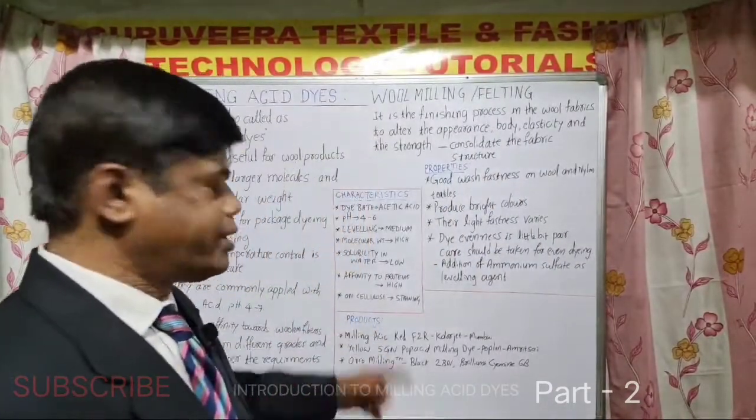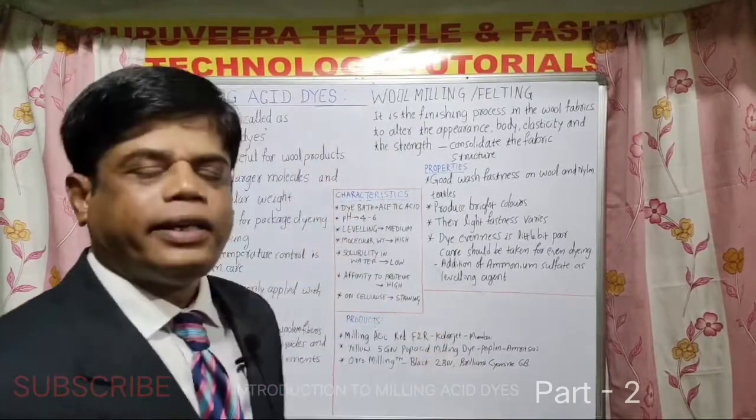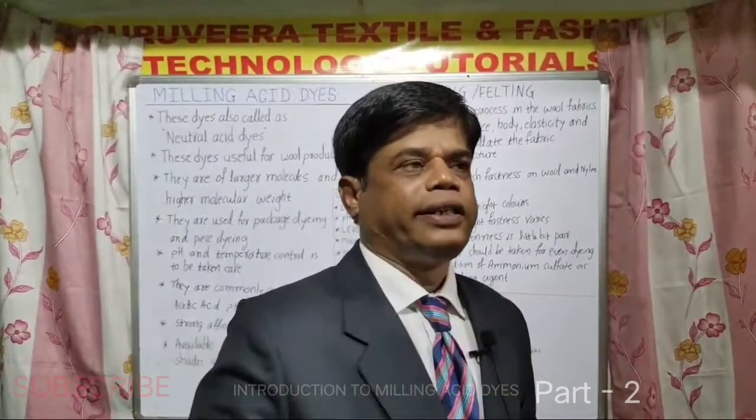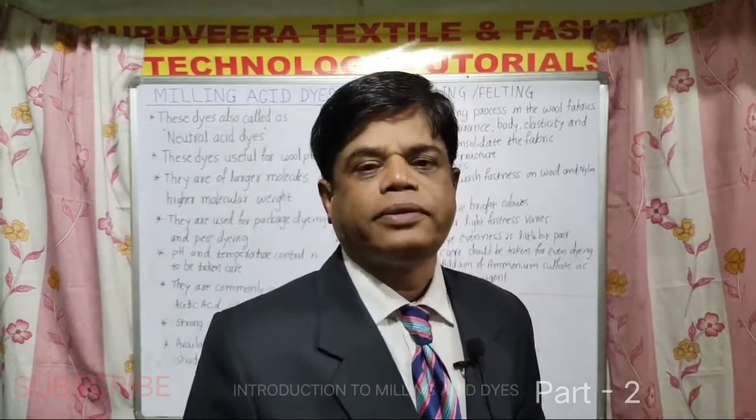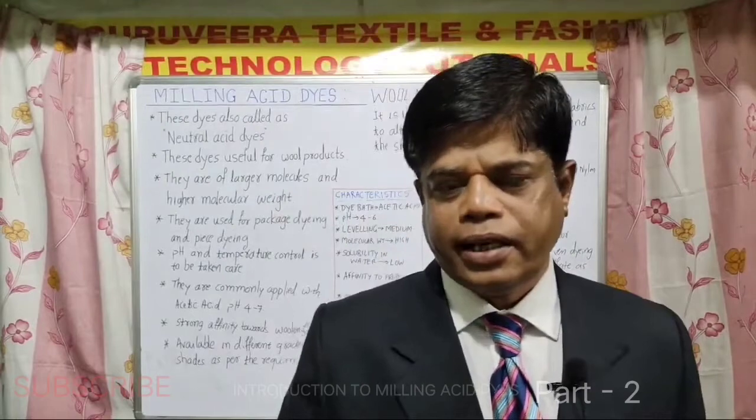That is the commercial aspect. Instead of explaining here, you put a Google search for milling acid dyes. You will come to know the trade names and manufacturers' names. If you are watching from any country, you can find who the manufacturers of milling acid dyes are in your country.